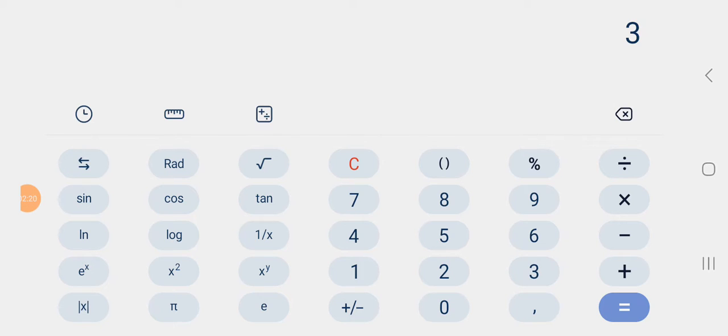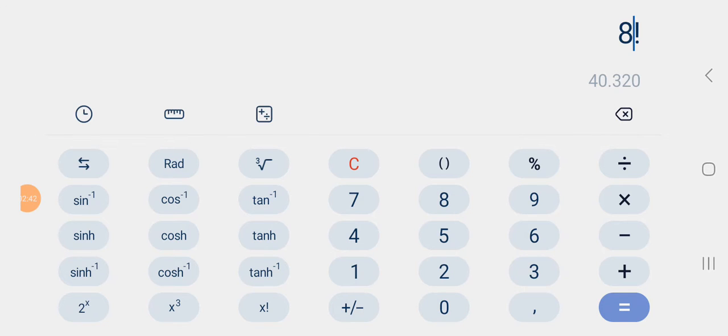We have 3 right here, and then we put the factorial here. 3 factorial is 6. 4 factorial is 24. 5 factorial is 120. 6 factorial is 720. 7 factorial is 5,040. 8 factorial is 40,320. 9 factorial is 362,880, and finally, 10 factorial is 3,628,800.